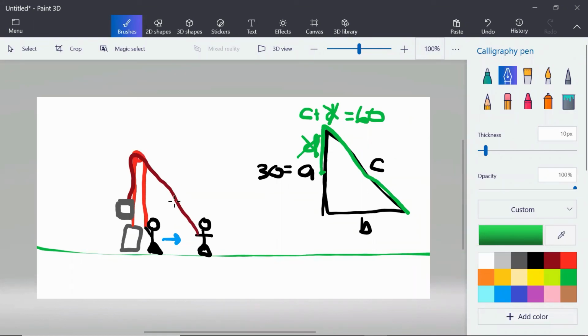The rate at which this length of rope from the person's hand to the pulley is increasing is the same rate at which this weight is being lifted. Because each additional foot of rope from the hand to the pulley is 1 foot that we've raised this weight. So there you go. That's how we deal with related rates in this section.